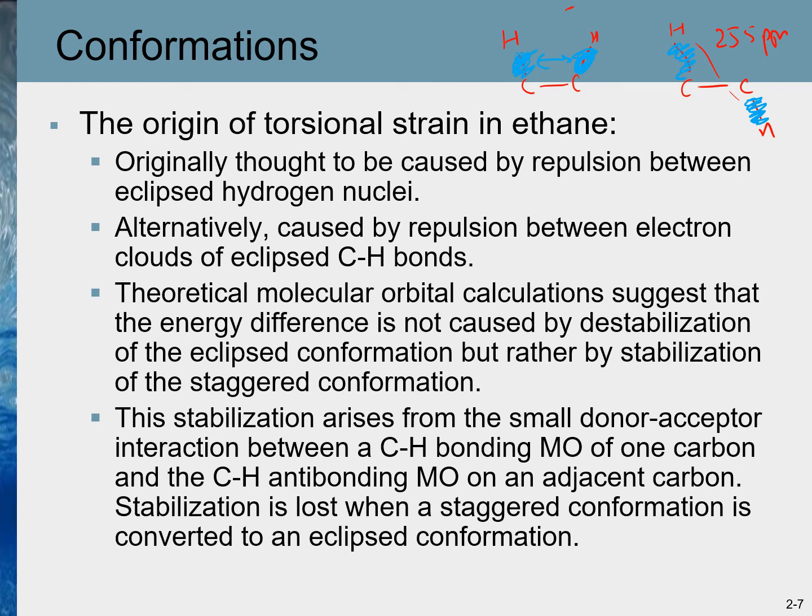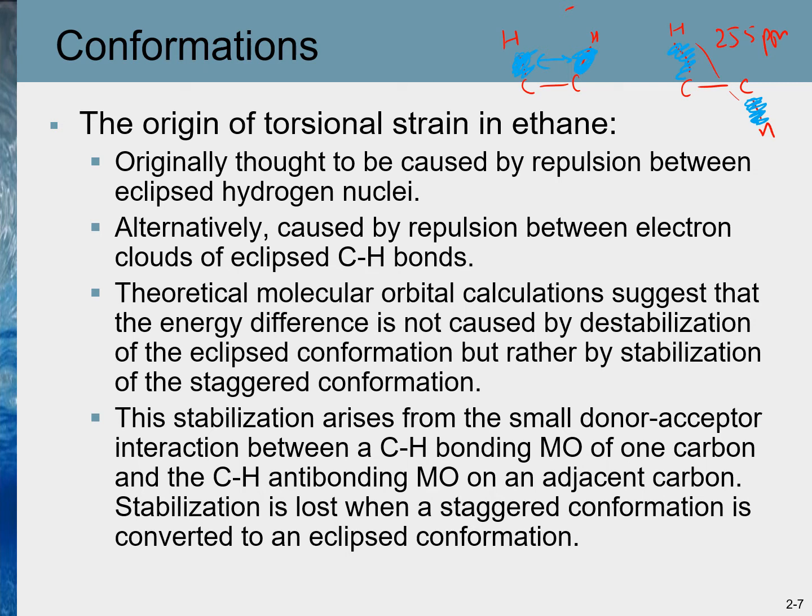In other words, the computer simulations have suggested that eclipsed is not unstable at all. It's rather the opposite, which means that staggered is more stable than the eclipsed.